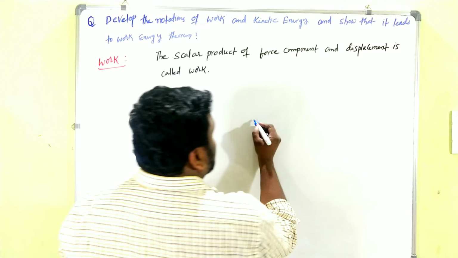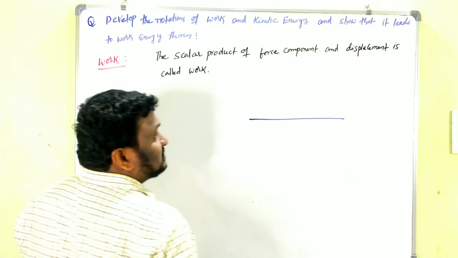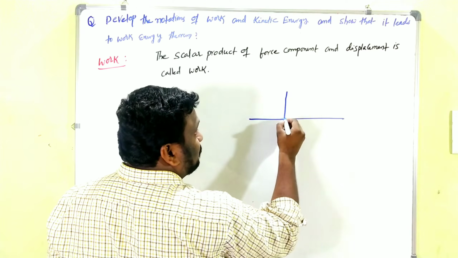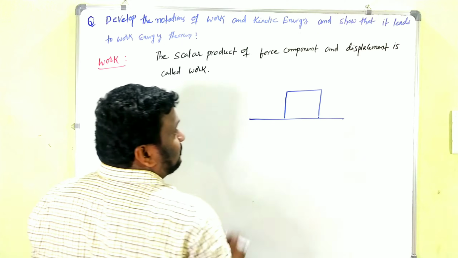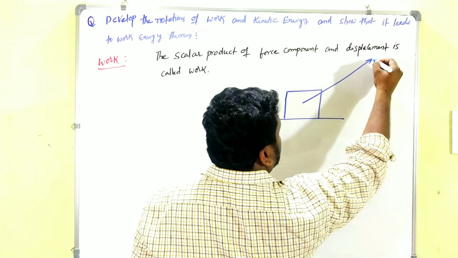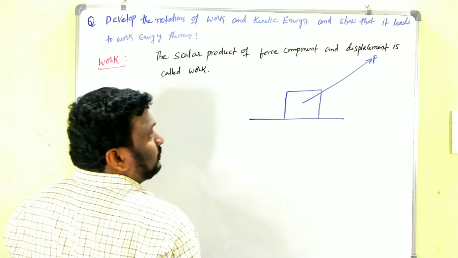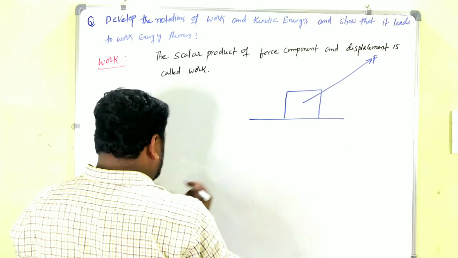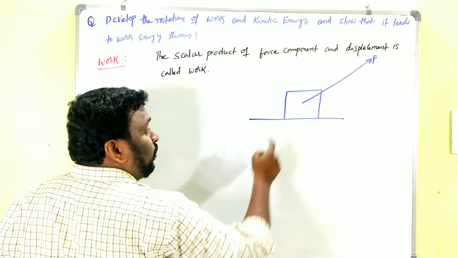Let us see, children. This is a horizontal surface. On that, one body is there.